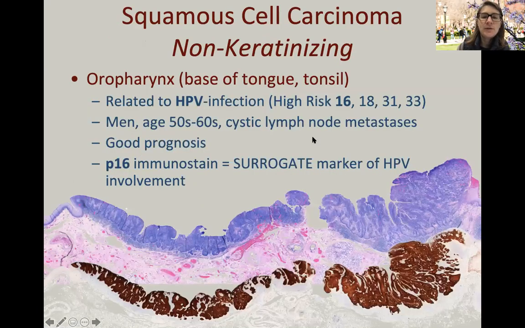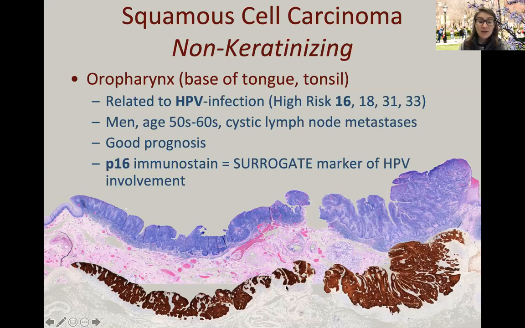Here's an example of your non-keratinizing squamous cell carcinoma of the oropharynx. Remember, here on the left is a very little bit of normal squamous epithelium. Then throughout the majority of this section, you have expansion by this very blue tumor. You can see at the base here are these other smaller, bluer cells, which are your lymphoid stroma.